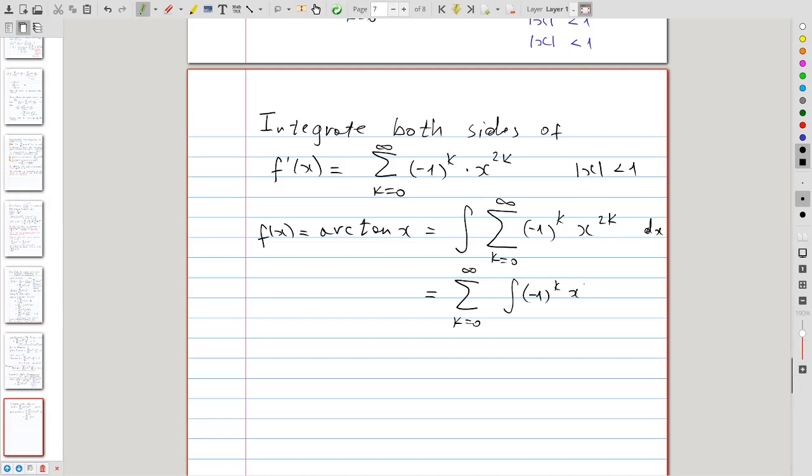So this factor of minus 1 to the k is a constant. And I have minus 1 to the k times the integral of x to the 2k dx.